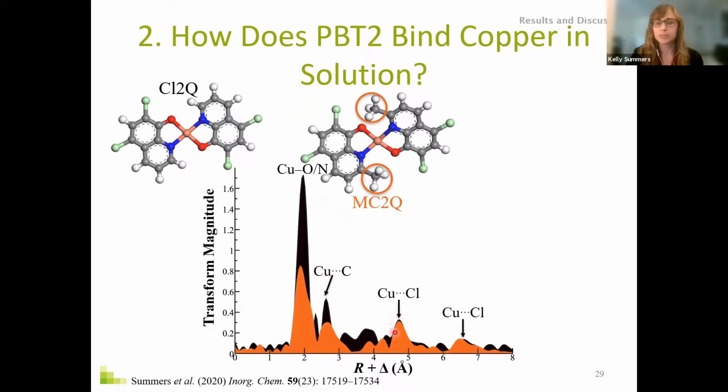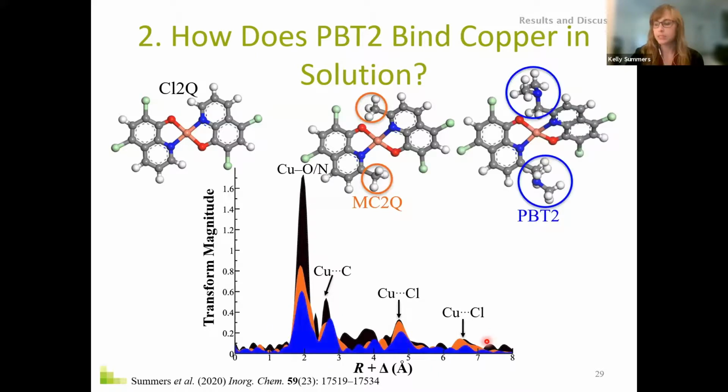We see a slight change in multiple scattering to the chlorines. And then PBT2, which has a much bulkier substituent in this 2 position, has a greater rotation up out of the plane. And so you can see that these almost have 2 distinct peaks here, as well as dampening of the multiple scattering to the chlorines.